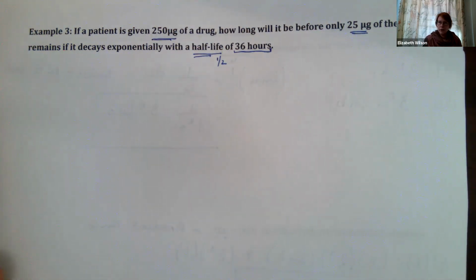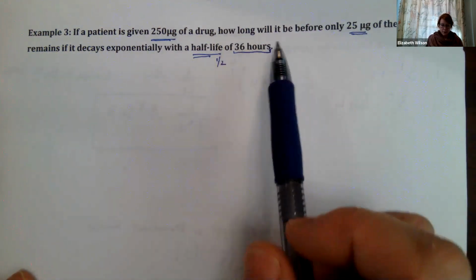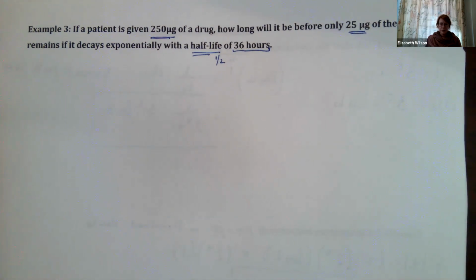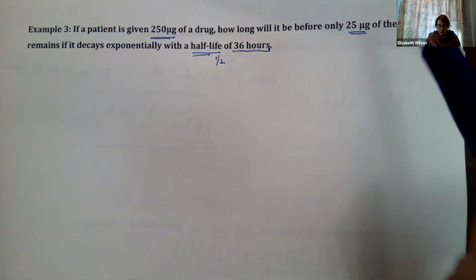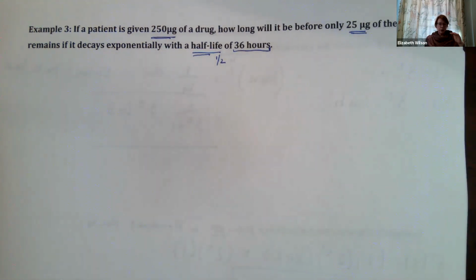This is an important question, especially with drug metabolism, because it can give us a clue. Say, for example, if a person's taken radioactive iodine, and we need to know how long. We set this 25 micrograms as a dose where it's a safe level where the person isn't exposing the people around them to any kind of radioactivity.